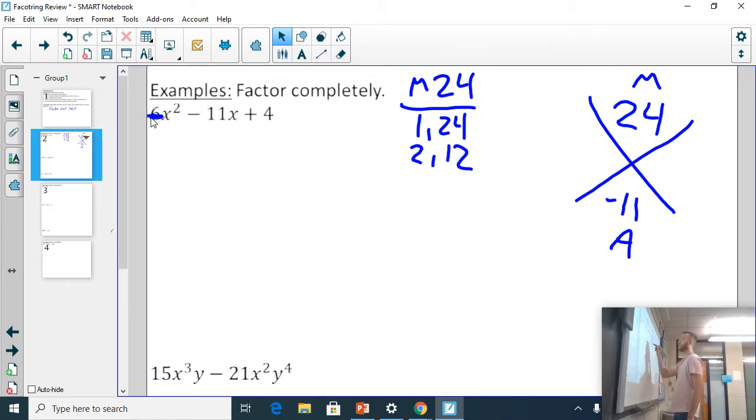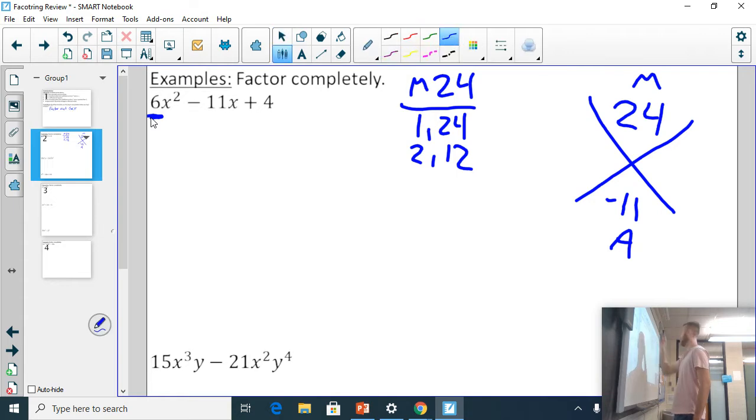And then we have 3 and 8, right? Oh, that looks like that could work if we have a negative 3 and a negative 8. Those add to negative 11, and negative times a negative is a positive 24 that it multiplies to. So that's great. So it's those two that work.